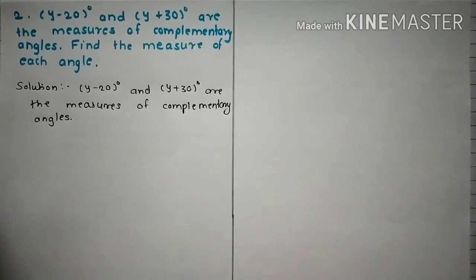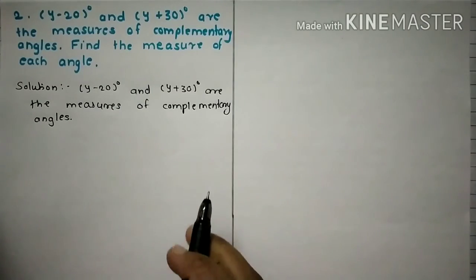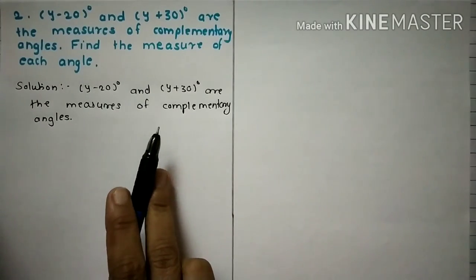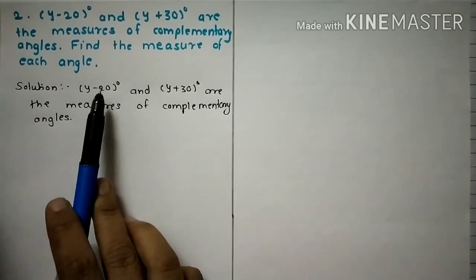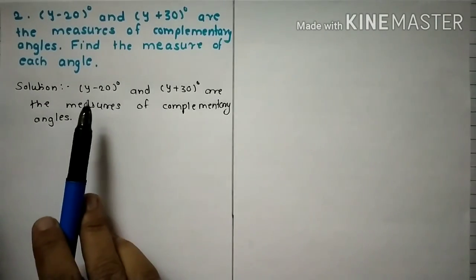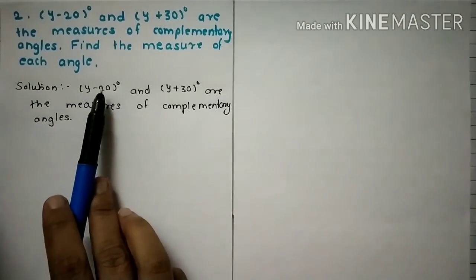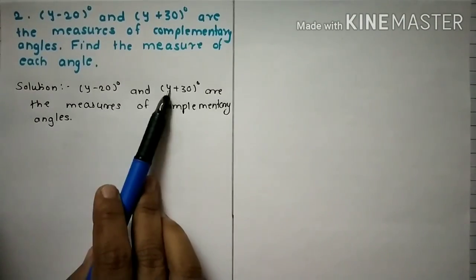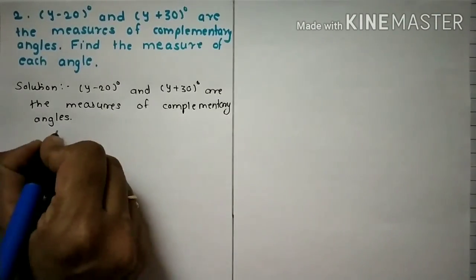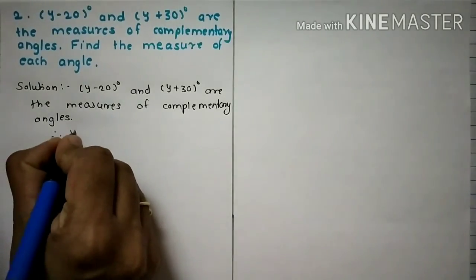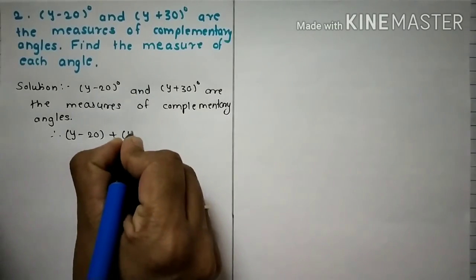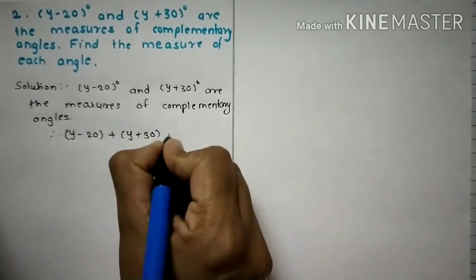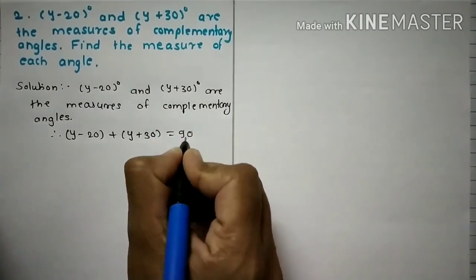Complementary angle means the sum of the measures of two angles is 90 degrees, then they are called complementary angles. Here these two angles are complementary angles, that means the addition of the measures of these two angles is 90 degrees. Therefore we write y minus 20 plus y plus 30 equal to 90.